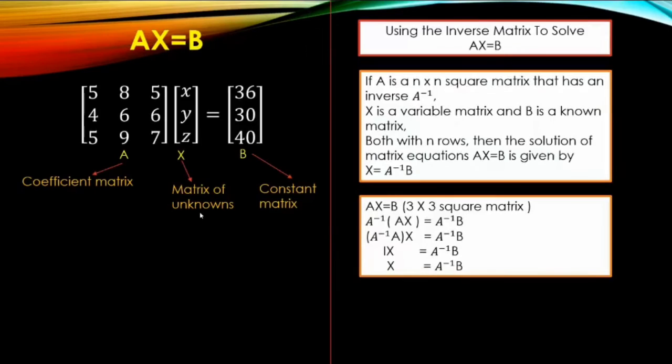With this matrix form, we can use the inverse matrix to solve AX equal to B. If A is an n multiplied by n square matrix that has an inverse, A inverse, X is a variable matrix and B is a known matrix, both with n rows, then the solution of the matrix equation AX equal to B is given by X equal to A inverse multiplied by B. Thus, if we rearrange the equation, it would be like this. The method is to find A inverse using the adjoint method.